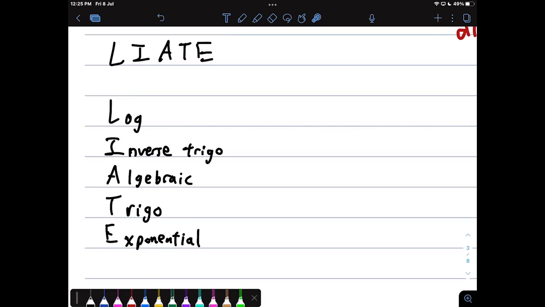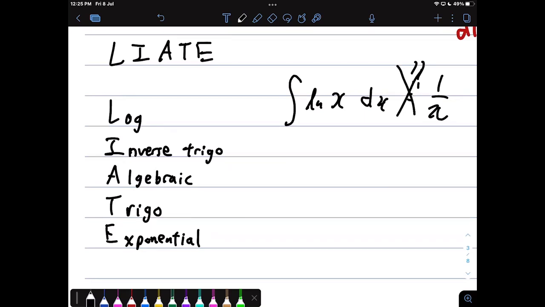Logarithm is easy to integrate? You want to try for me the integral of ln of x? You tell me, is it 1 over x? Only differentiation will give you 1 over x. Integration is much more difficult. Integral of ln of x, you need to use integration by parts.